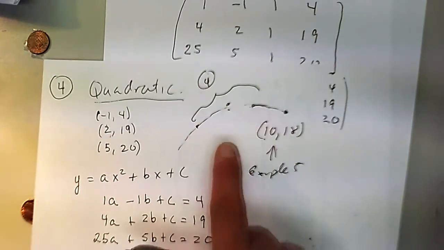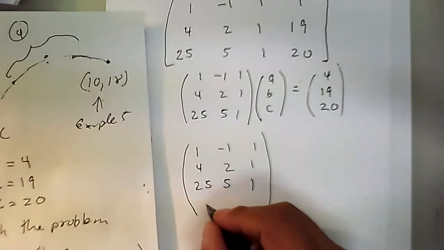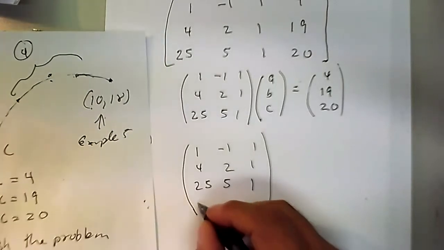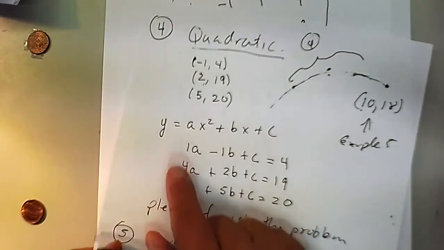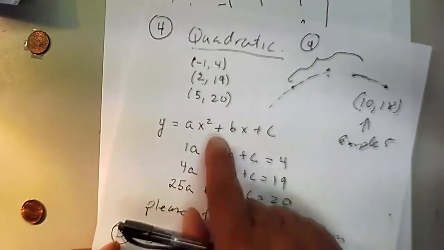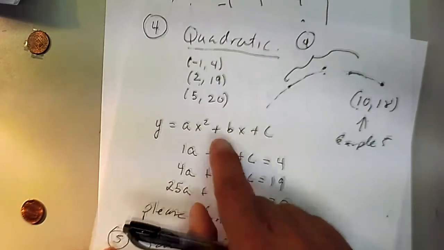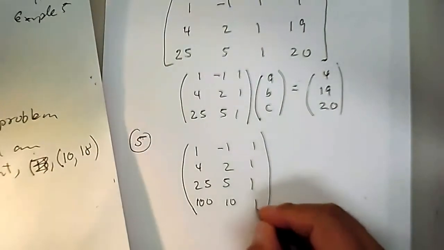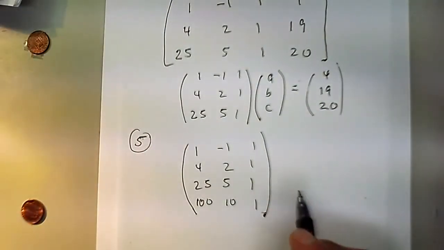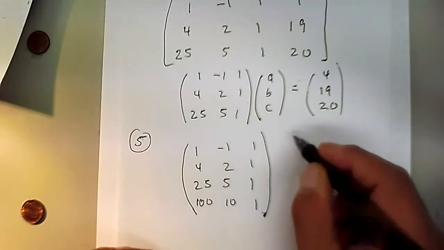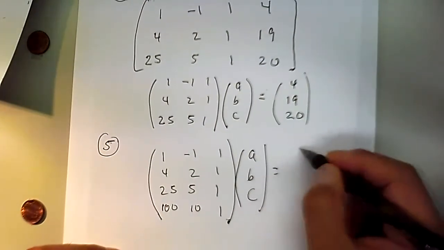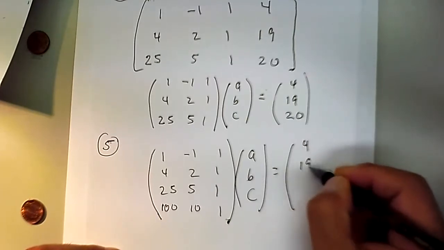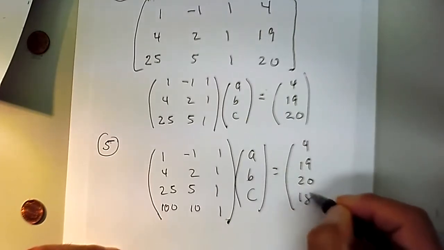So let me write this down. 10 will correspond to 100 because we're going to do 10 squared times A. So we're going to have 100A plus 10B, still plus a single C. And we're going to multiply this with A, B, C to obtain 4, 19, 20, 18.